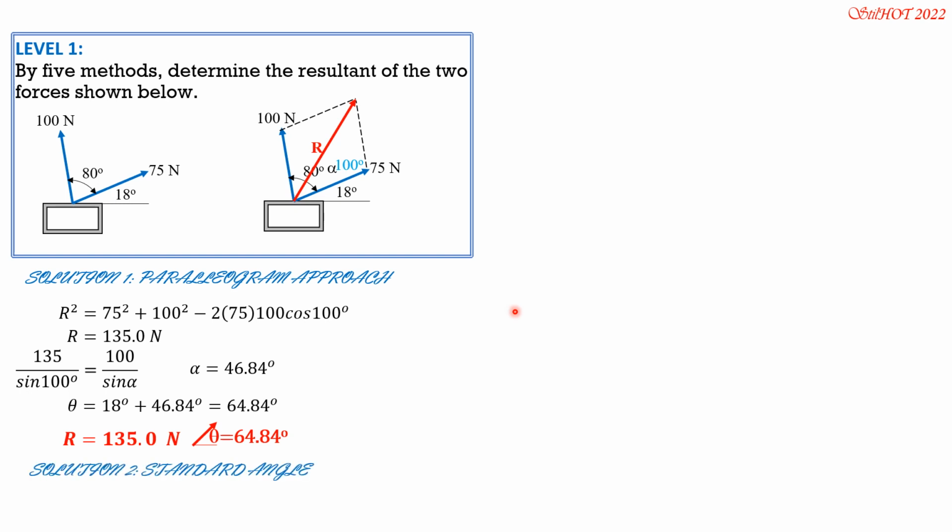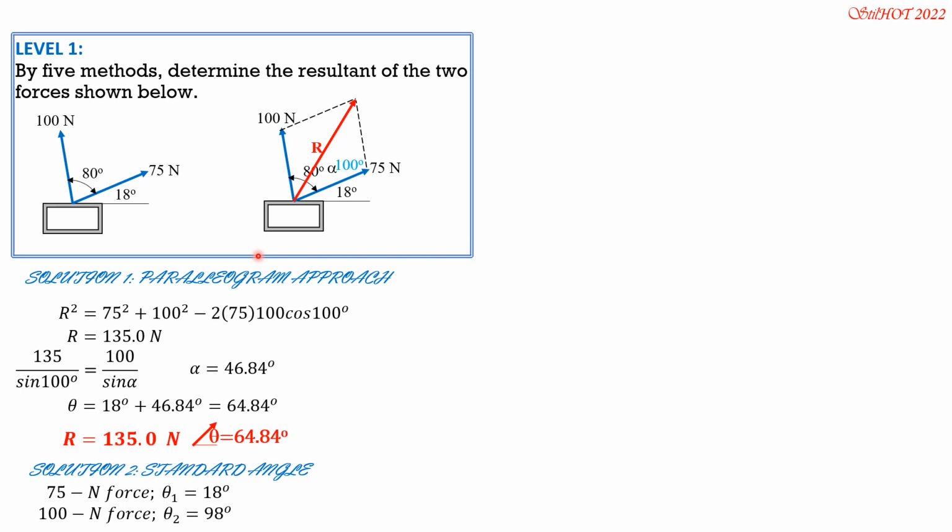Second method, by standard angle. Since there are only two forces, the 75 Newton force makes an angle of 18 degrees with the positive x-axis. So that's the standard angle. Then for the 100 Newton force, 18 plus 80, its angle is 98 degrees. Actually, we can compute Rx directly by using the formula 75 cosine of 18 plus 100 cosine of 98.